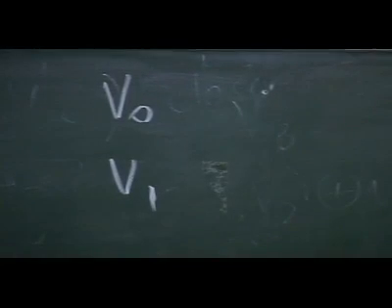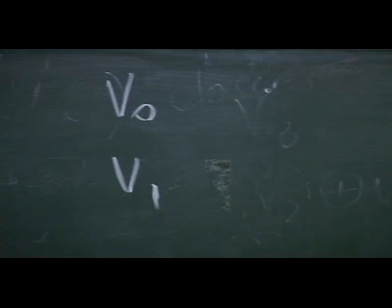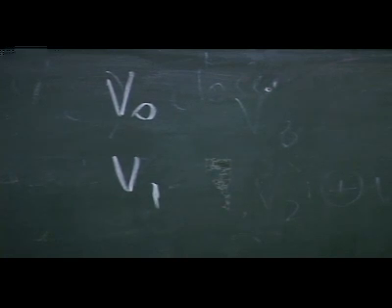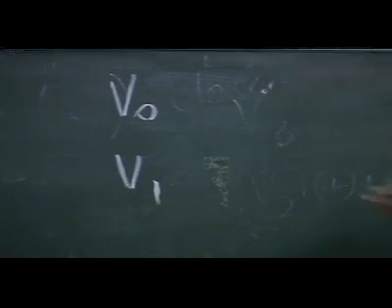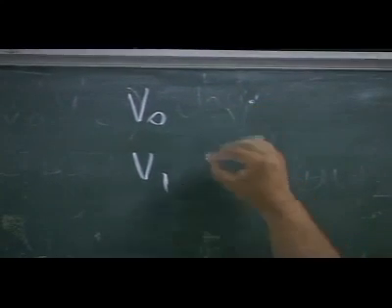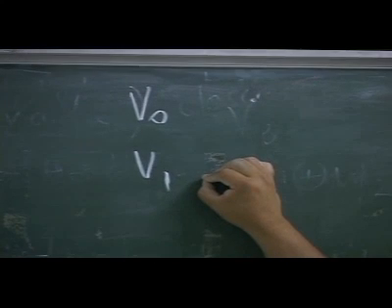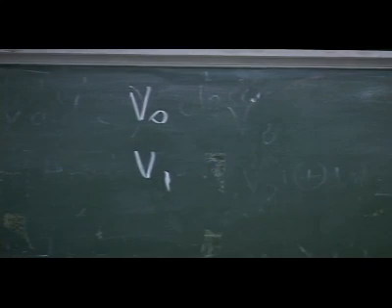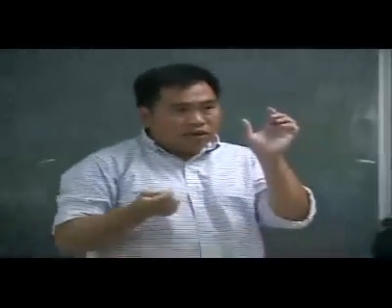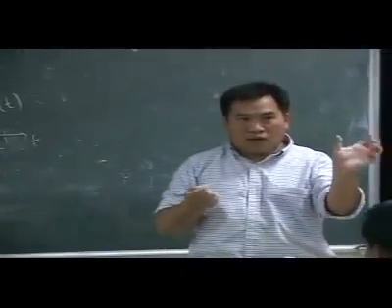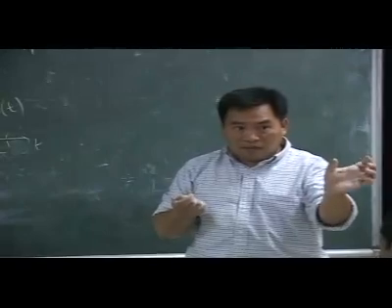Which space is bigger? I'm comparing the span of the spaces. Who thinks V0 is bigger? Who thinks V1 is bigger? V1 is bigger, right? The V1 space is a space that captures piecewise constants with half unit intervals.